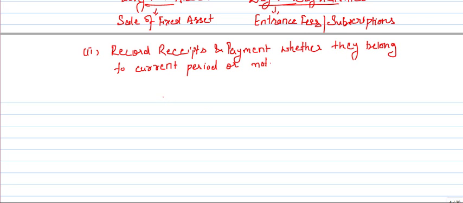Suppose you are maintaining this receipt and payment account for the period of 1/4/17, right, to 31st of March 18, right? You are preparing the receipt and payment for this period.